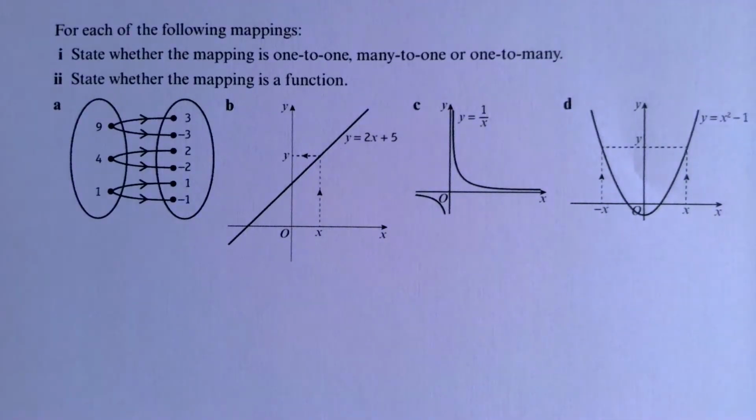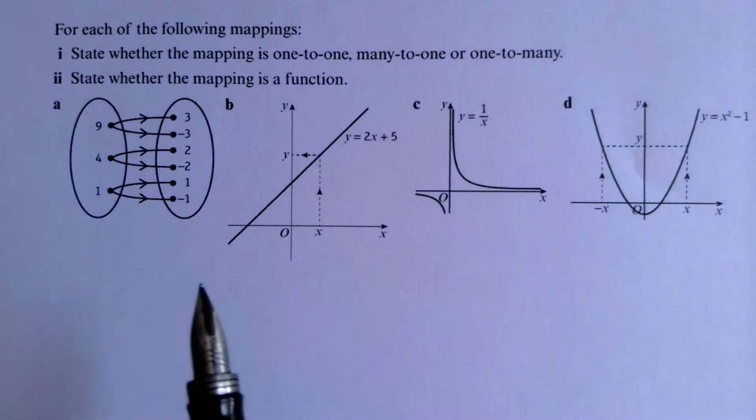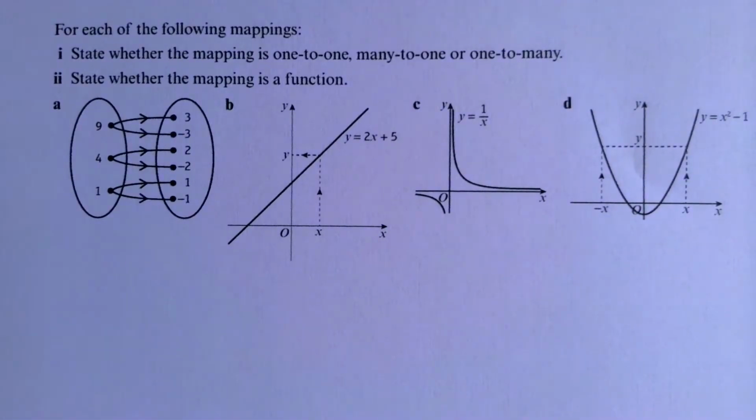Right, now the important thing is we can have a function that maps from one thing to one thing, so when you ask it one question you get one result, or you can have it go from many things to one thing, so you're still asking a question and getting one result. But what you can't have is to ask it one thing and be given many solutions.